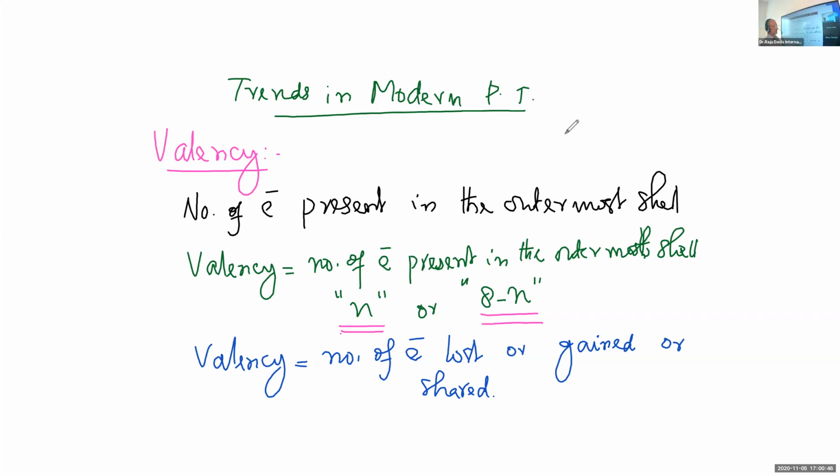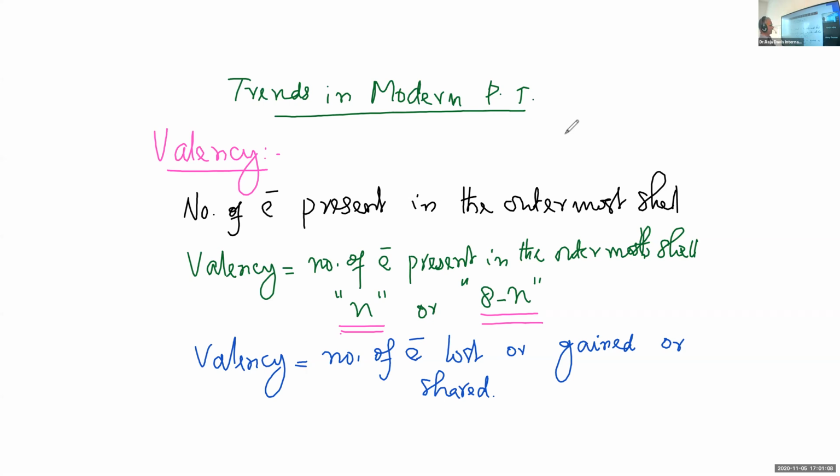Similarly, the non-metals have a tendency to gain electrons, and the number of electrons gained by a non-metal is the valency of the non-metal. In some cases, electrons are shared, and the number of electrons shared is also taken as the valency.